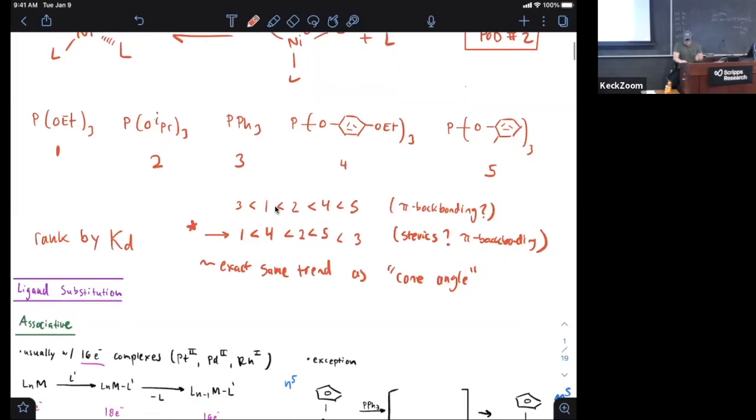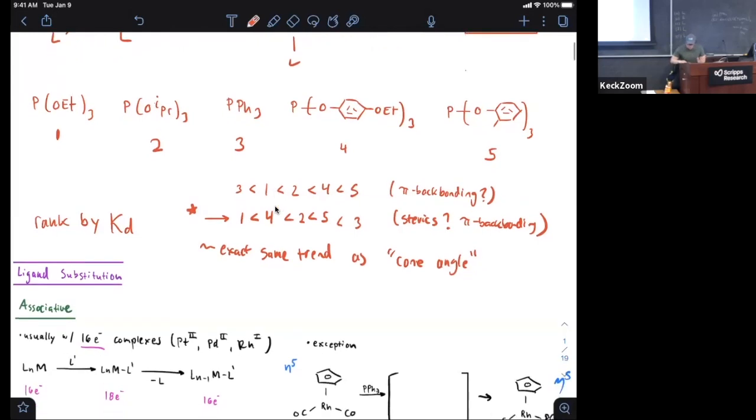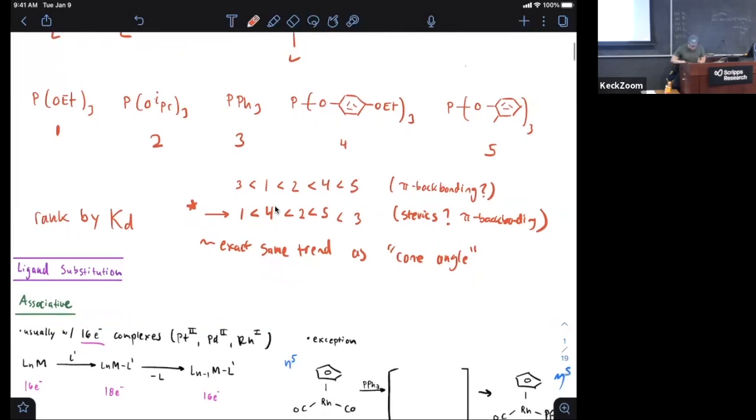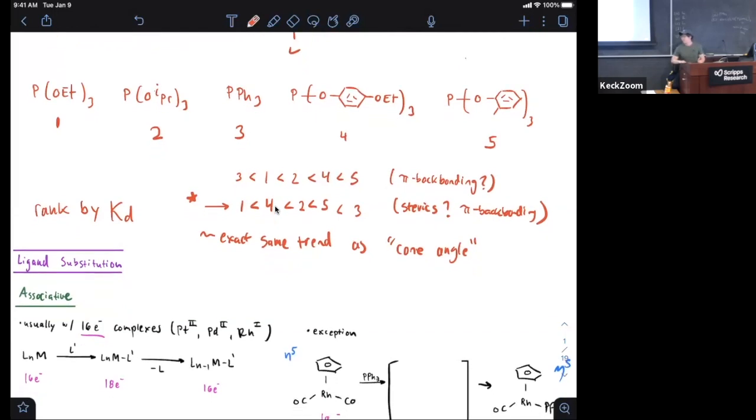And then I think you should be able to rank the alkyls with respect to one another and the aryls with respect to one another, but how they fit in across is difficult to do without any data. Okay. Any questions on that?